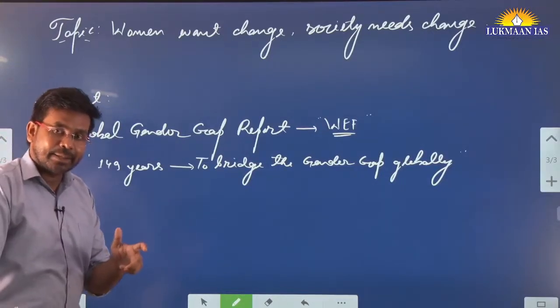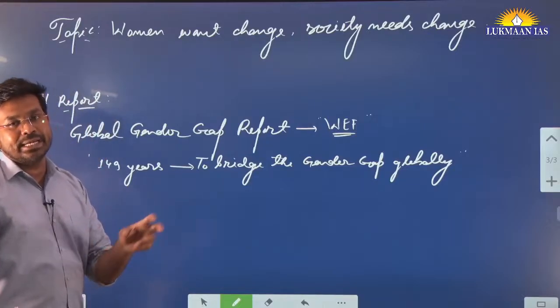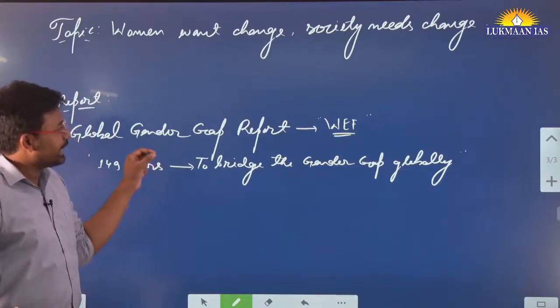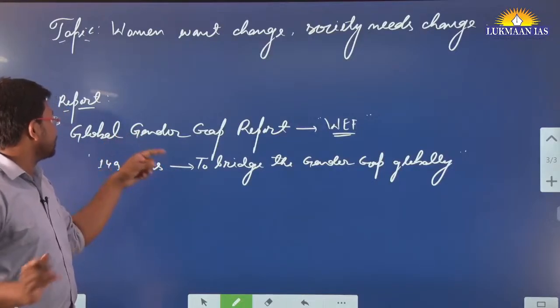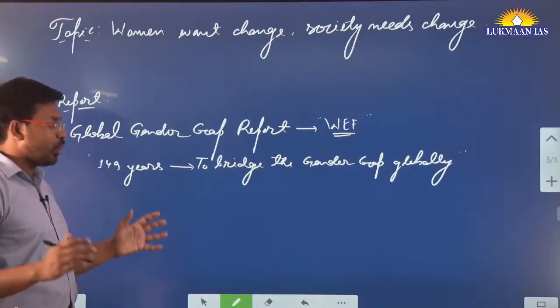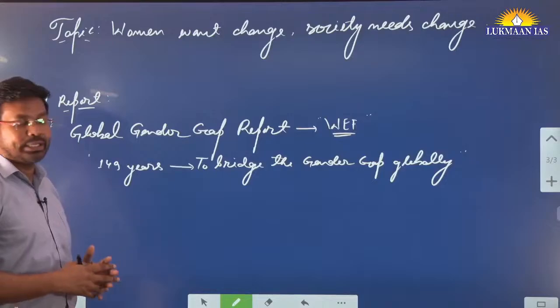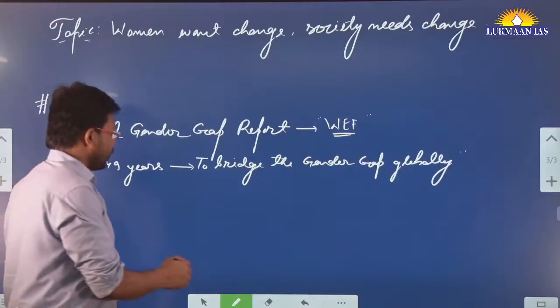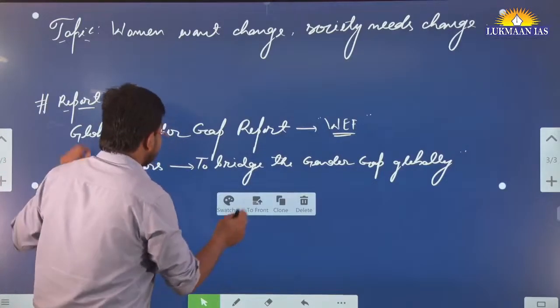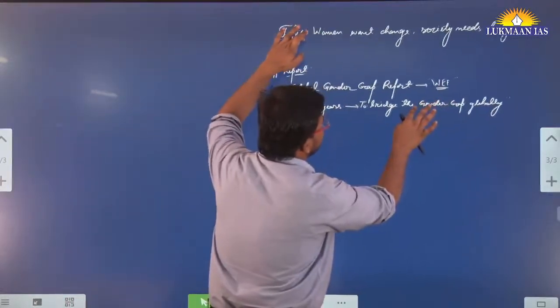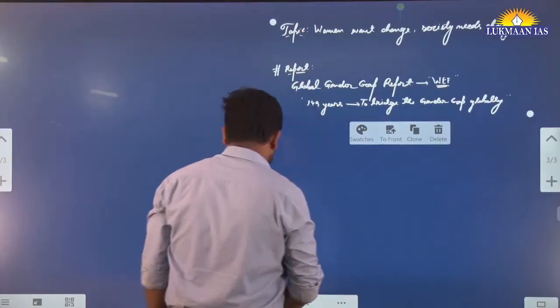That gender gap lies in Indian society and institutions, and globally too. According to this report, it will take around 149 years for the world to bridge the gender gap that exists globally. So it's going to take that much time.